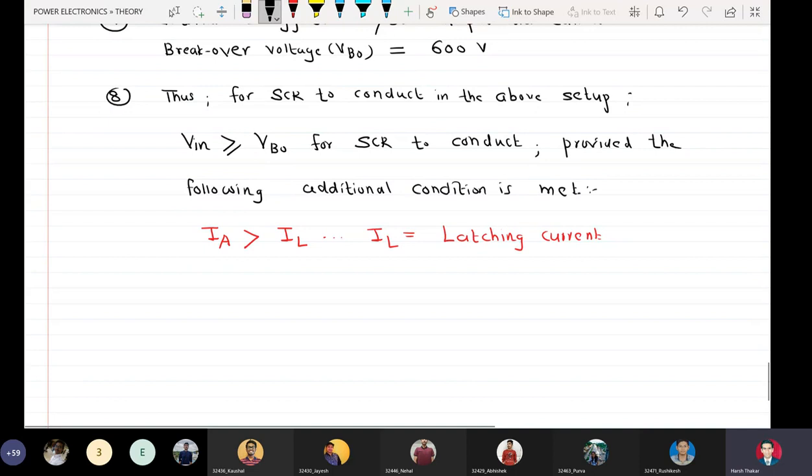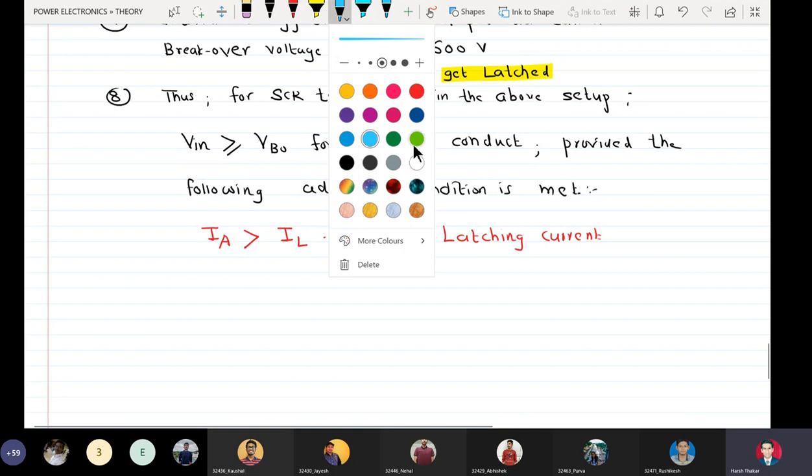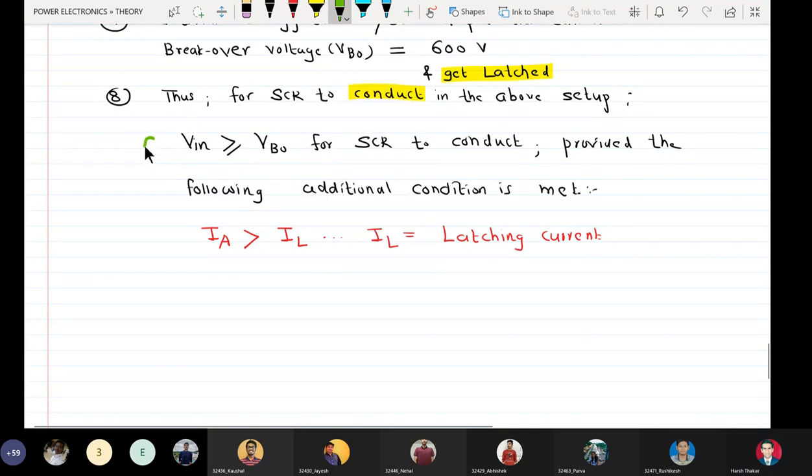For SCR to conduct and get latched in the above setup, the first condition is that the battery potential should be greater than or equal to VBO, and the second condition is IA should be greater than IL.